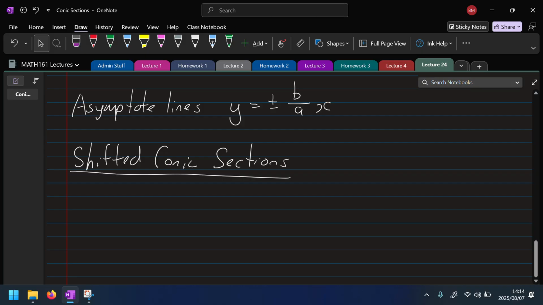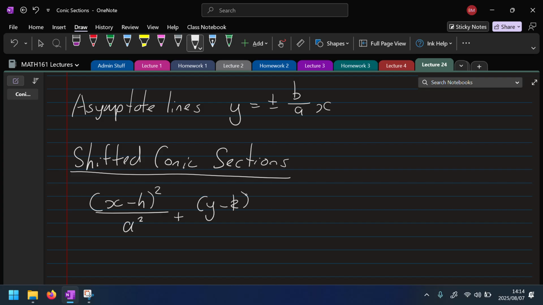So if we have an ellipse, we can move it left and right, we can move it up and down. So we can write it as (x minus h) squared over a squared plus (y minus k) squared over b squared is 1. So this is shifting to the right by h and up by k.